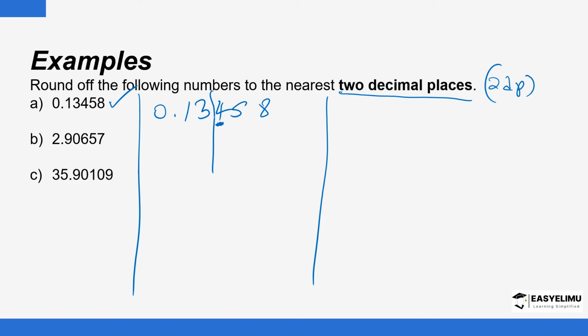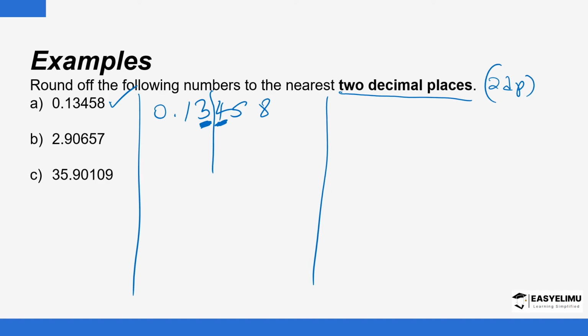Once you draw your cutoff line, you look at the digit after the cutoff line and the digit before. The digit before, we either increase by 1 or leave the way it is. After you're done with rounding off, all the digits after the cutoff line will be reduced to zeros. The digit after the cutoff line will determine whether we add 1 to the digit before or leave it the way it is.